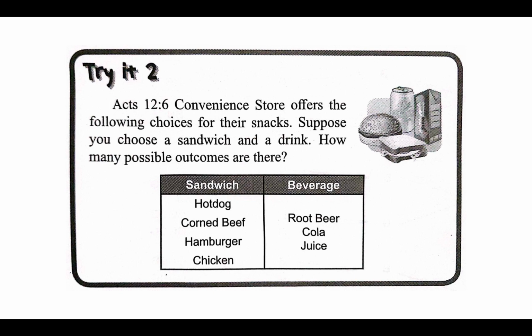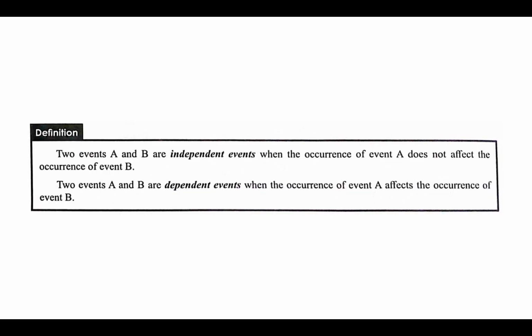So for the definition, we have two events A and B that are independent events. When can we say that the events are independent?